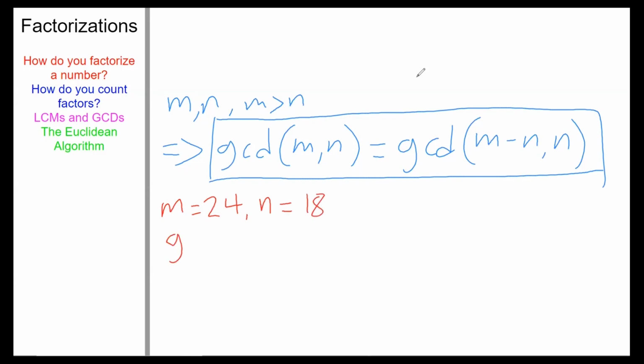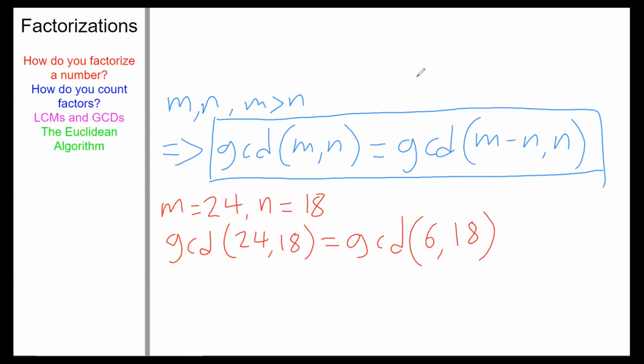What is the GCD of 24 and 18? If you use the blue boxed equation one time, what do you get? You would get the GCD of m minus n, which is 6, and n, which is 18.